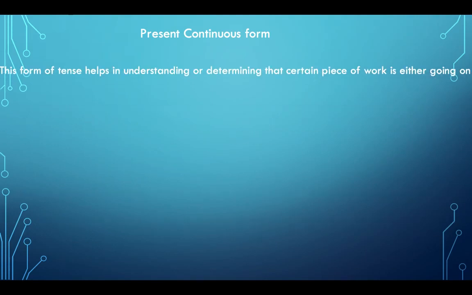This form of tense helps in understanding or determining that a certain piece of work is either going on at the present time or it shows the continuance of any work.